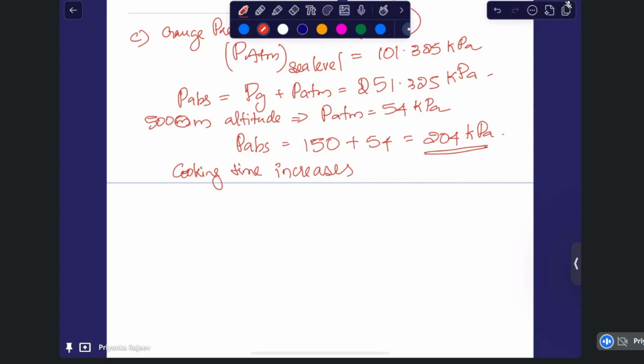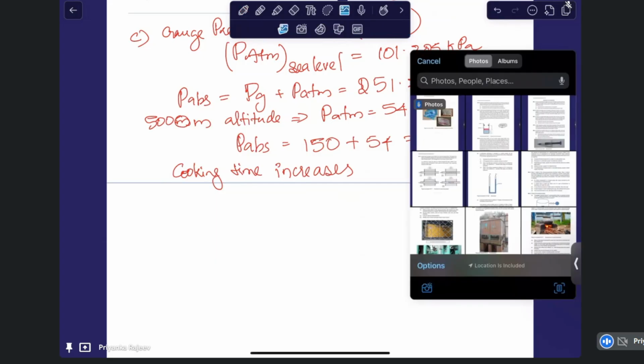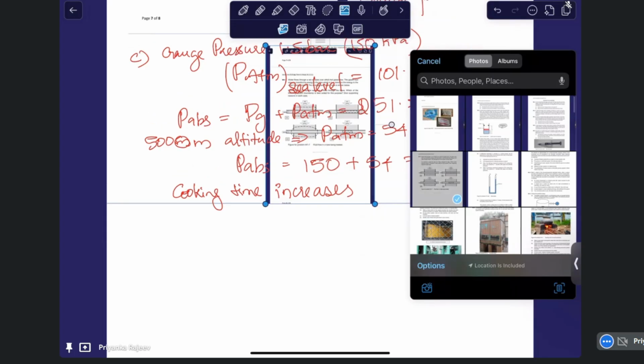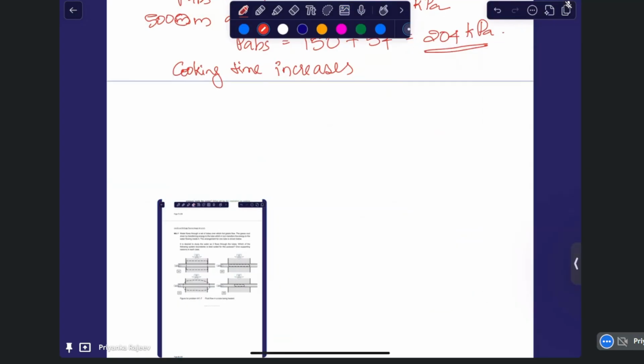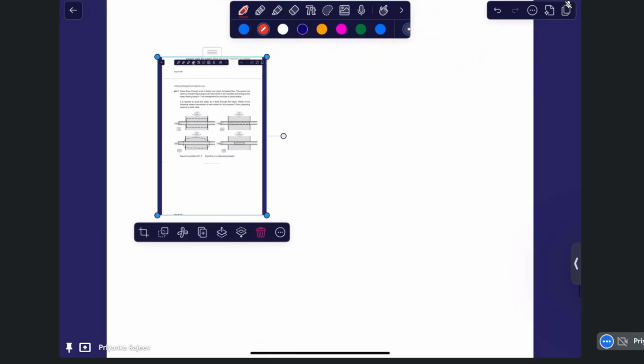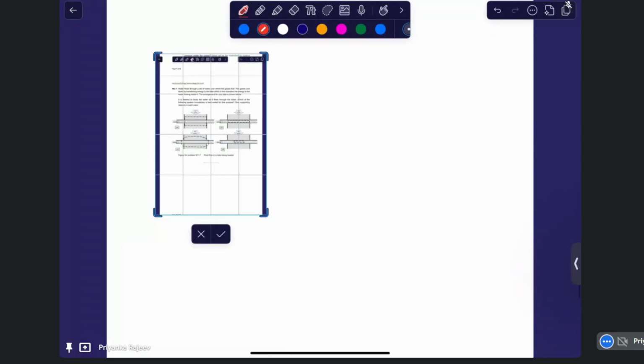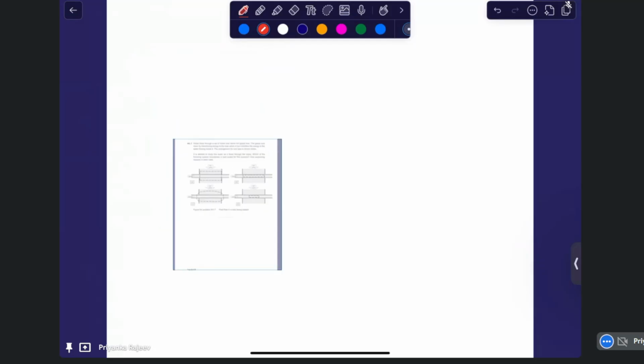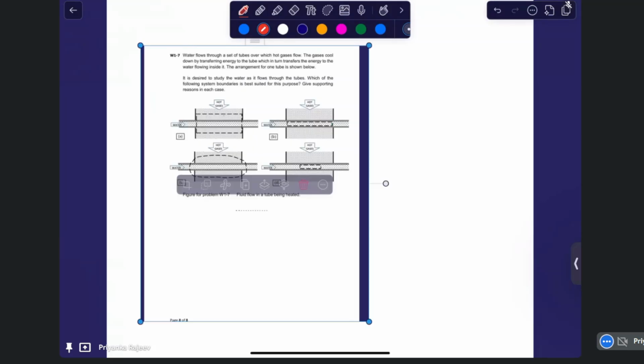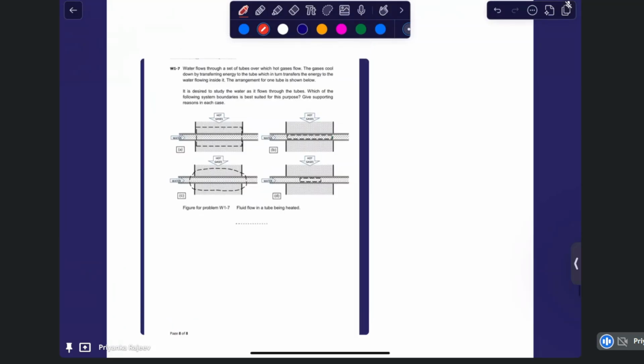Okay, now last question of week 1 assignment. Water flows through a set of tubes over which hot gases flow.